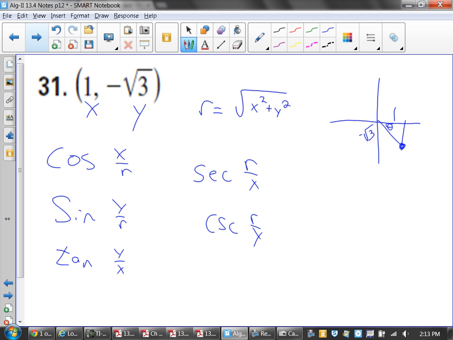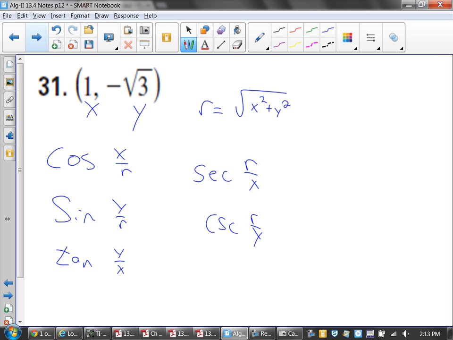So what's 1 squared? 1. What's -√3 squared? 3. What's 1 plus 3? 4. What's the square root of 4? 2. Good. Yes, sir. Sorry, I forgot how you determine the direction of the triangle, because I know in some things the theta is like a negative kind of. Yeah.